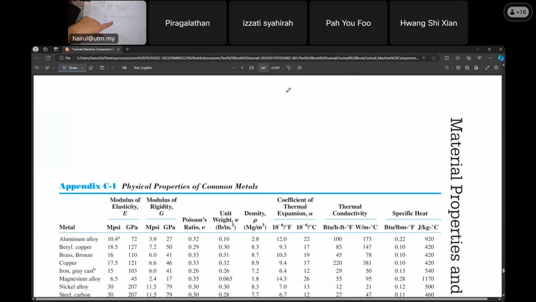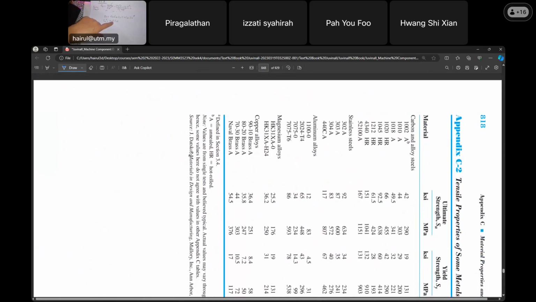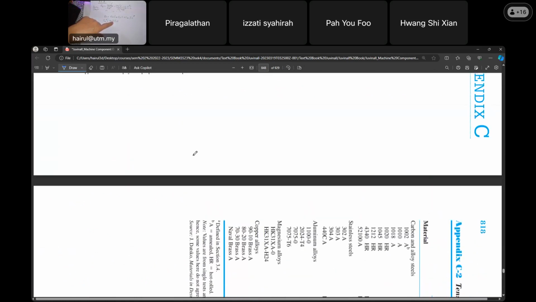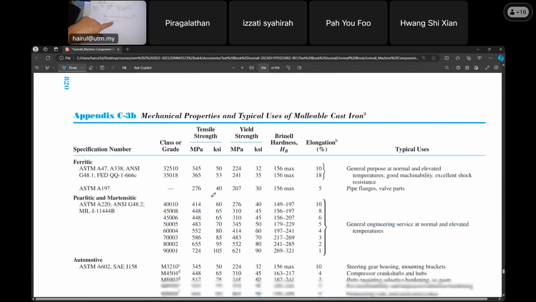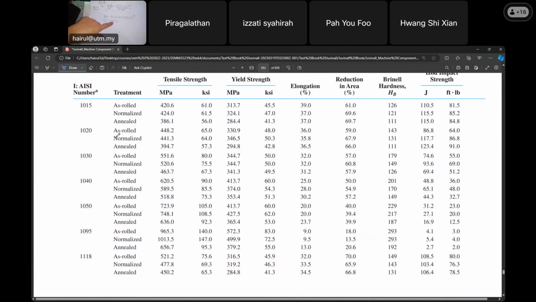Can you see the textbook? Yes, doctor. Okay, 1020 S roll. So you go to the appendix table, 1020 S roll.